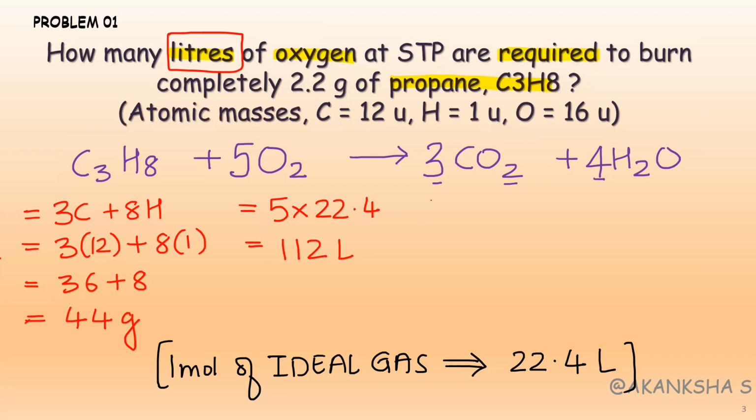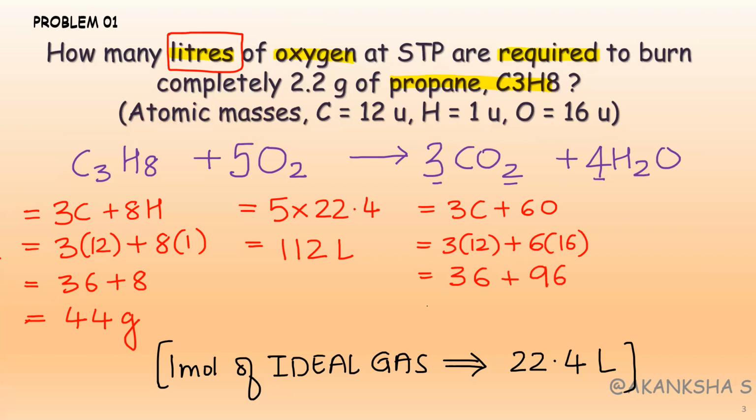Let's come over here. 3 carbon plus 6 oxygen. So 3 twelves are 36, and 6 sixteens are 96.